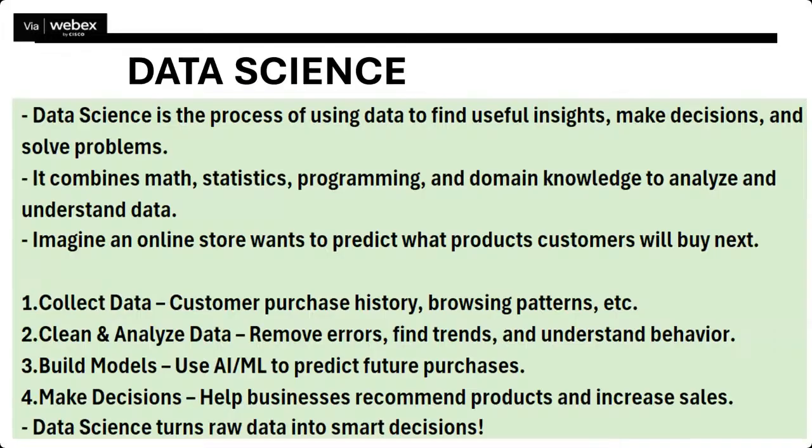Statistics: descriptive, inferential, and advanced. Python programming, and domain knowledge to understand data. As a data scientist, you collect data from databases, APIs, customer purchase history, browsing patterns, clean the data, and build models to predict decisions. Pretty clear? That is what a data scientist does.